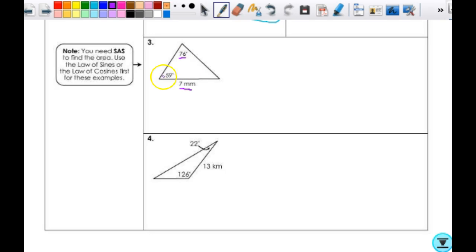And then I have this angle so I could find this side. Would I use the law of sines or the law of cosines? Law of sines. Okay, so I'm going to call this x so that I have something to call it. So I'm going to use the law of sines. That's just a proportion. So it's the sine of 76 over 7 equals the sine of 59 over x.